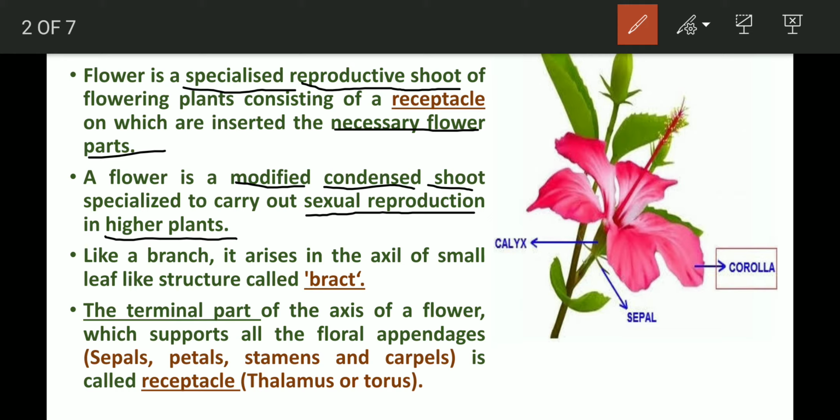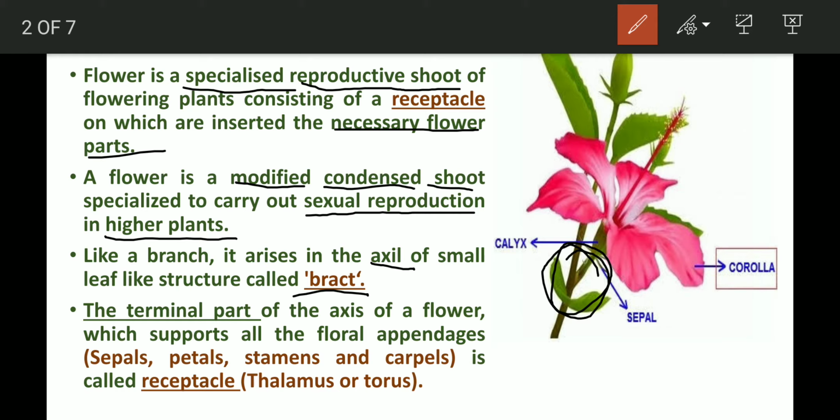Like a branch arises from the main stem. Every plant has a stem, and from the stem arise its branches. So similarly, a flower also arises as a branch, and it arises from the axil. What is axil? Axil is the portion from where the flower arises. It is the axil of a small leaf-like structure that is called the bract, from where the flower arises.